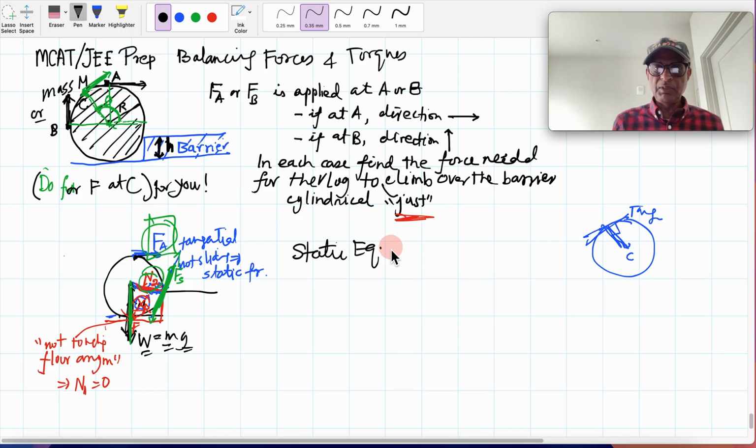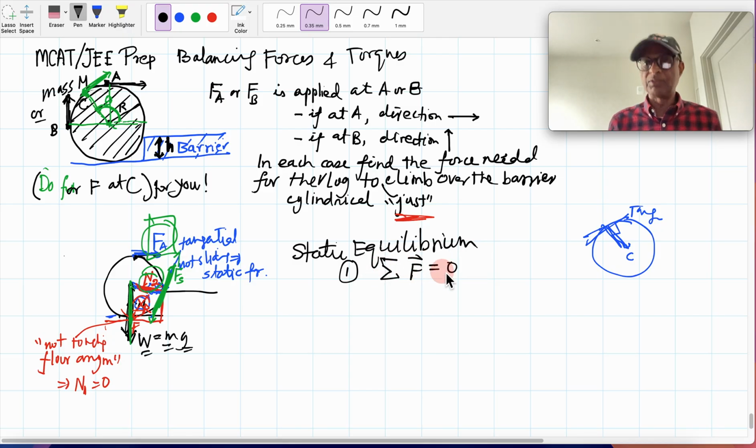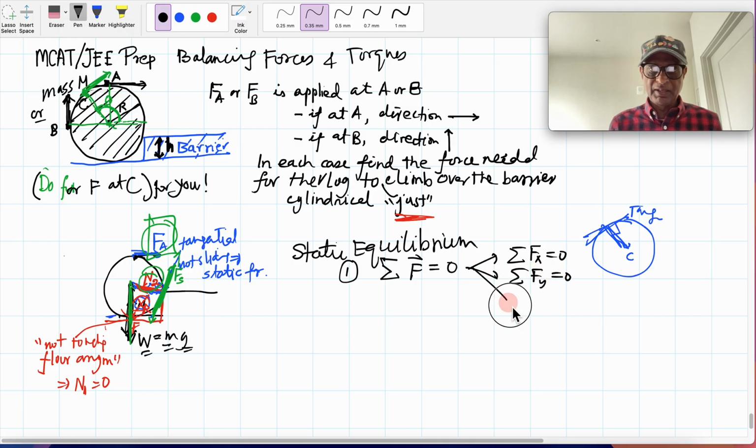In static equilibrium there are only two rules. Rule number 1: the sum of all the forces equals 0. So this is 3 equations: sum of Fx equals 0, sum of Fy equals 0, and sum of Fz equals 0, if you're thinking in terms of components.